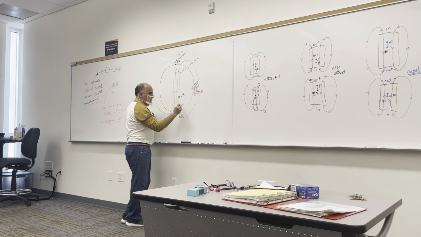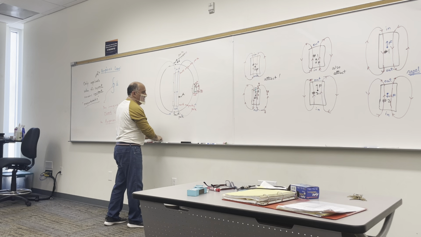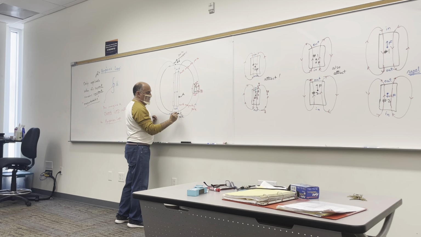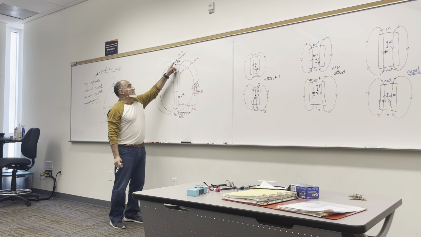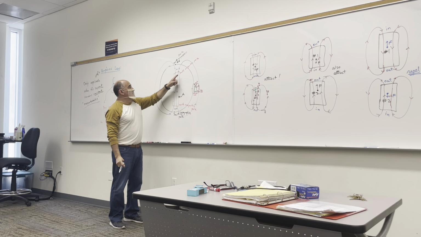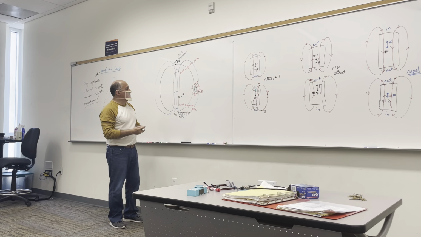This is the North magnetic pole of the Earth, but this is the South geographic pole of the Earth. So north goes with south, south goes with north. They're opposite.